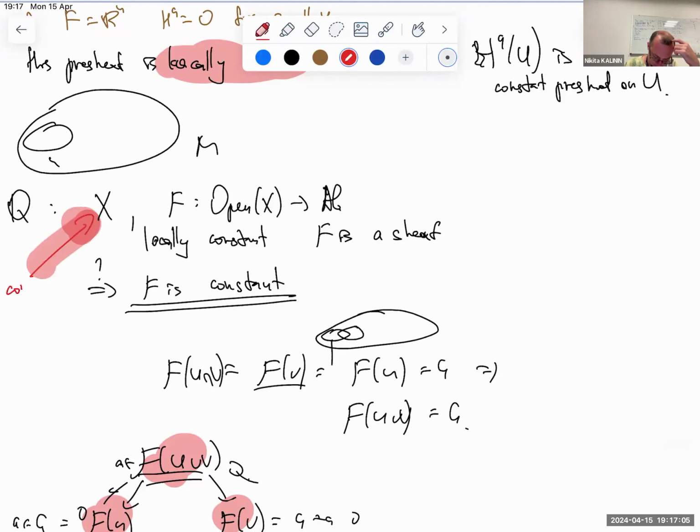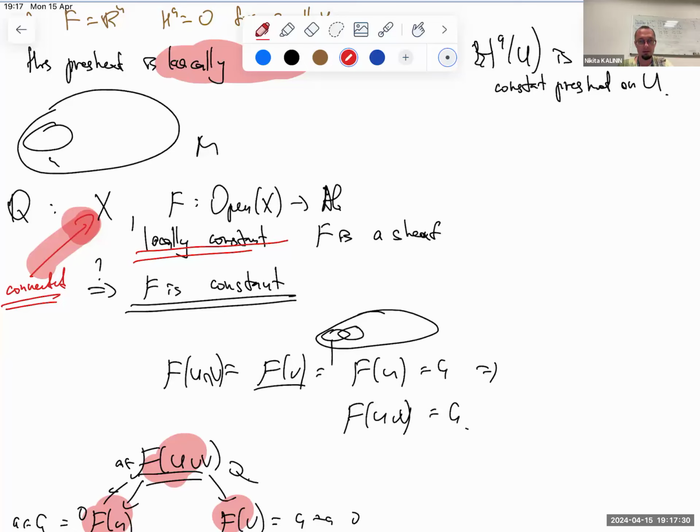Otherwise, it's not true. But I don't know, we can add this to the definition of locally constant, right? Because locally constant means that for every point there is a neighborhood where the sheaf is constant, and we just add that it should be the same group G. Well, anyway, that's true.